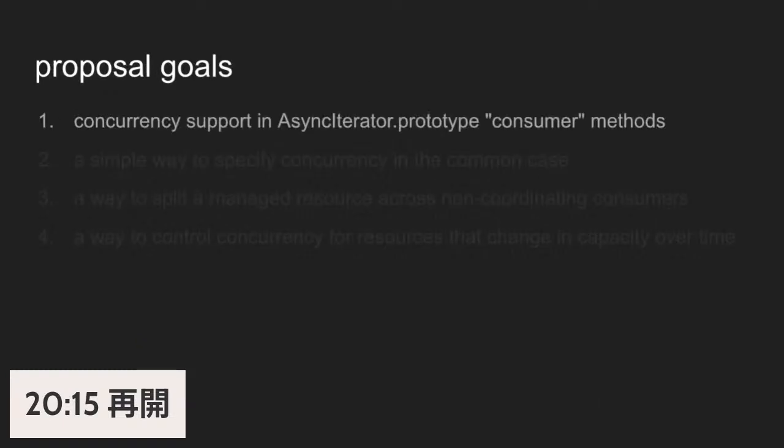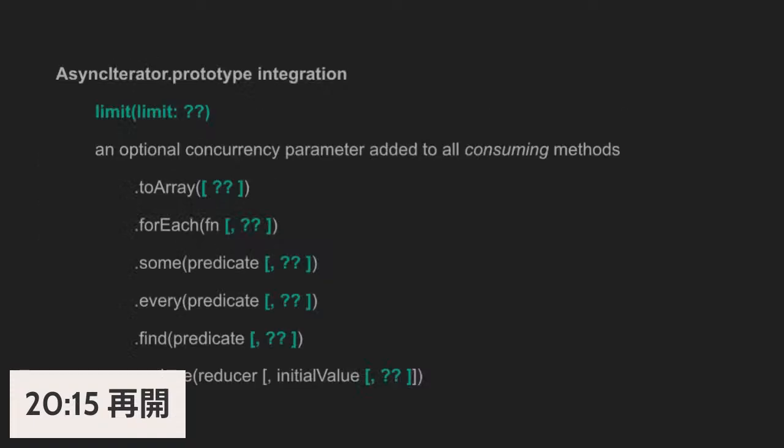So I'm going to go over each of our goals and how we've accomplished them with this proposal. This is a stage 1 proposal, by the way, so everything's not set in stone, but I feel pretty good about it. As I said, for the consuming methods on async iterator prototype, we want a way to specify how concurrent they may be.